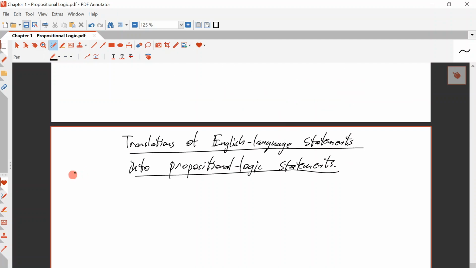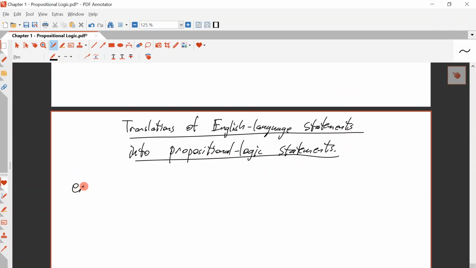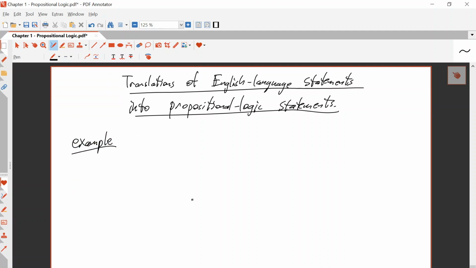Okay, so for example, let H be the proposition, the horse is fresh, not tired in other words.